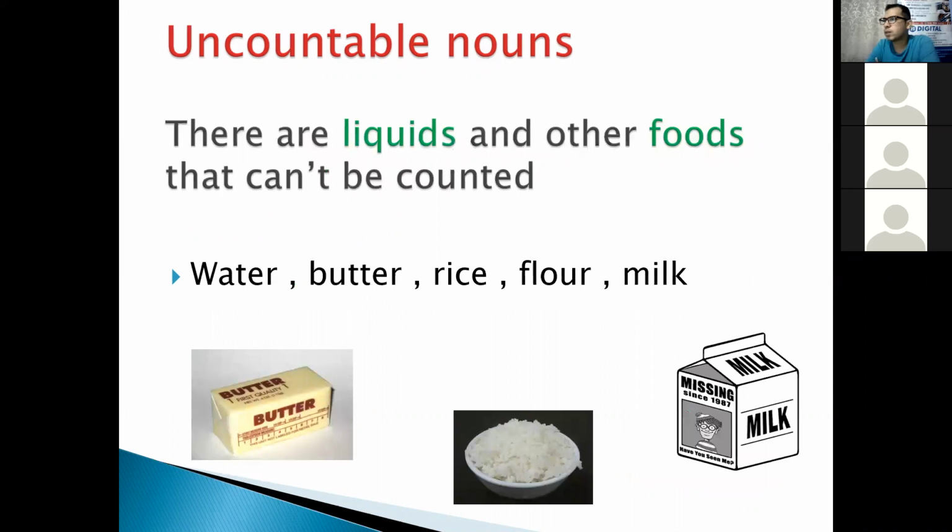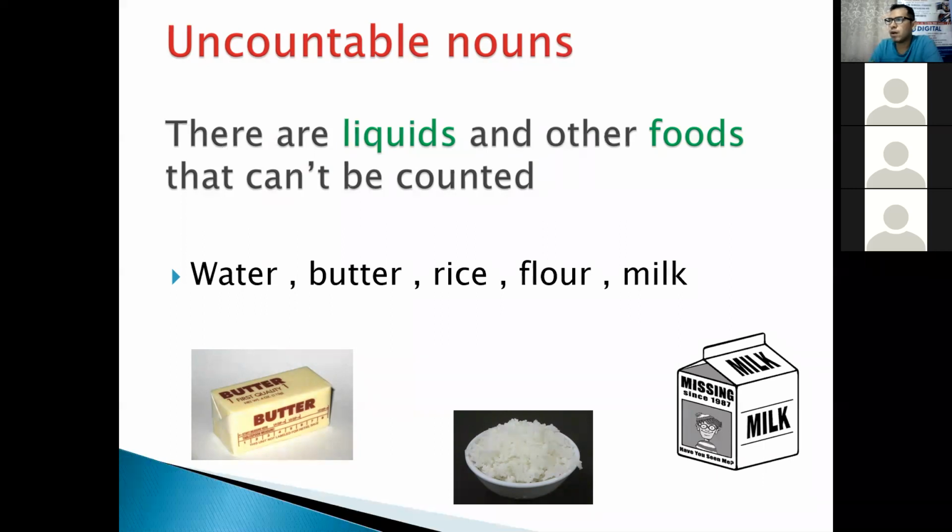There are liquids and other foods. Food is today's topic. That's why this is very important. There are liquids and other foods that can't be counted. Examples: water, butter, rice, flour, milk.